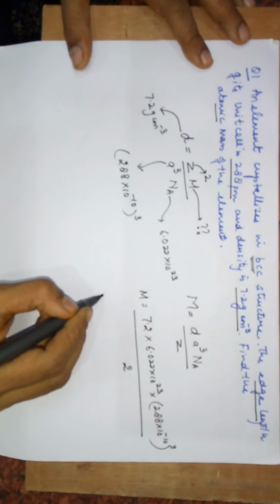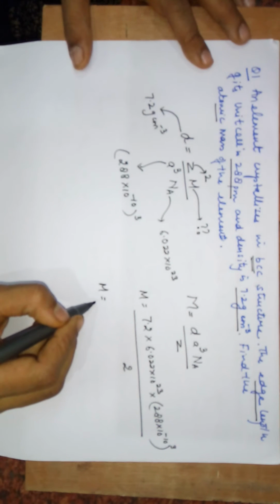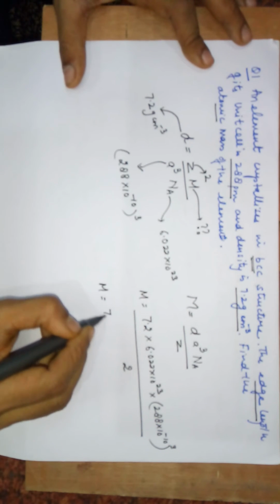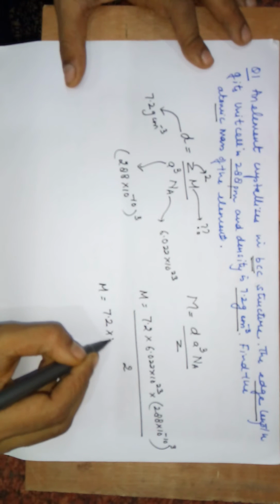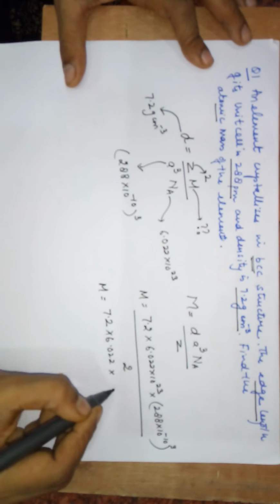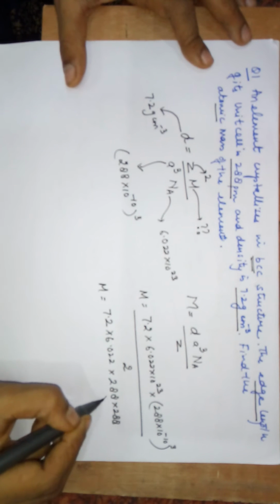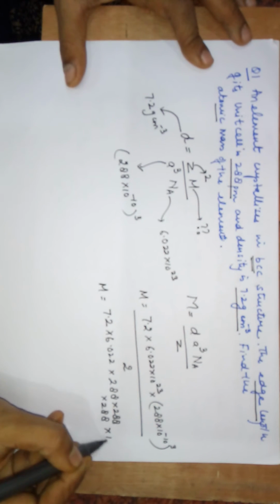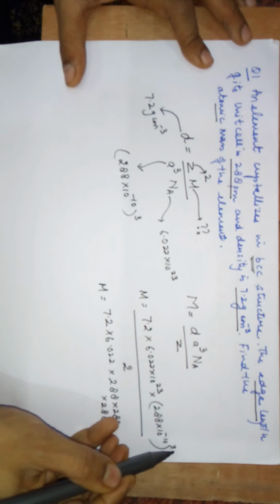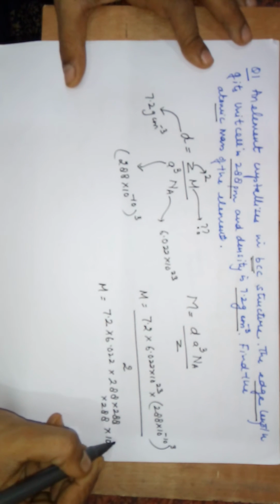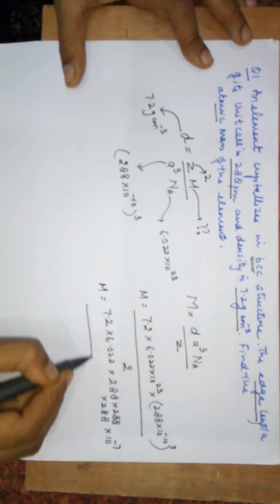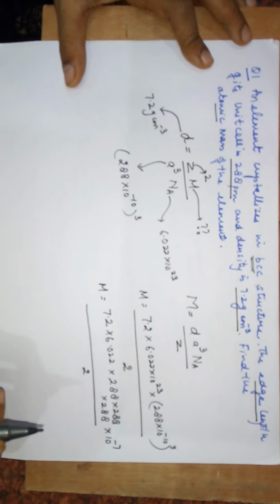On solving this, you would get your atomic mass, which ultimately will give you 7.2 times 6.022 times 288 cubed times, and your power of 10 is 23 and minus 30, which makes it 10 to the power minus 7, and you need to divide it by 2 also.